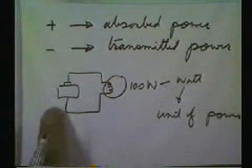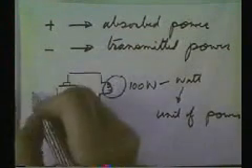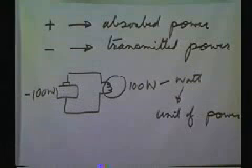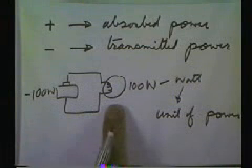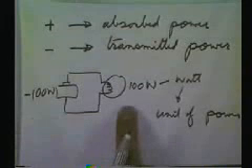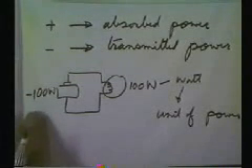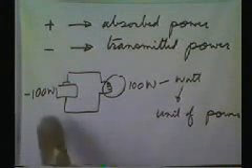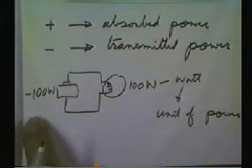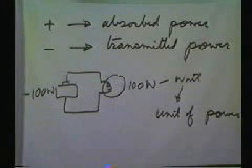But the battery generates the energy, minus 100 watt. This one receives the energy. This one is the one who transmits the energy. So the one that absorbs is plus sign. The one that transmits the energy is minus sign. This one generates minus 100 watt. This one absorbs 100 watt.